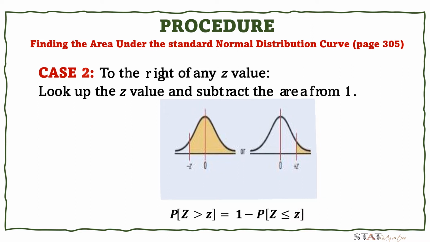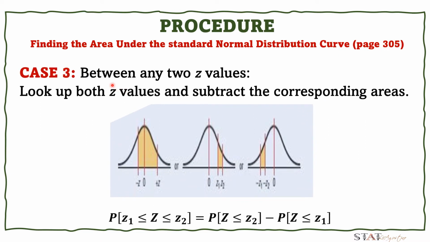And then in case 3, if you are looking for the area between two z values or z-scores, look up both z values and subtract the corresponding areas.